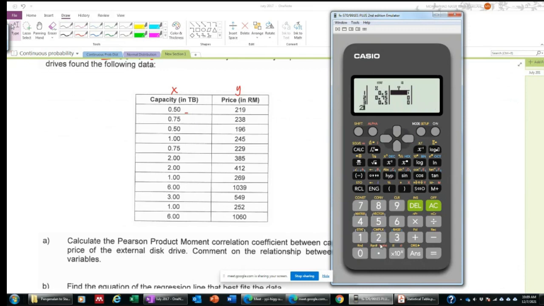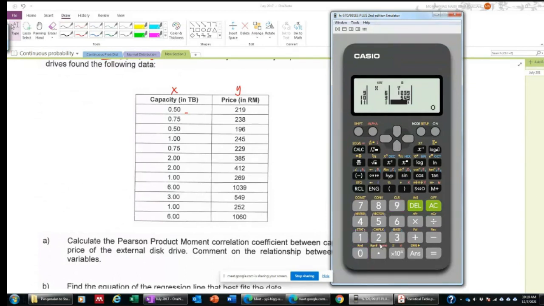Then we begin to input the price: 121, 219, 238, 196, 245, 229, 385, 412, 269, 1039, 549. Is it? Okay, enter this. Wait. 269, and after 269, 1039.